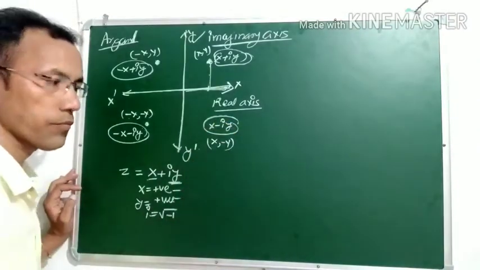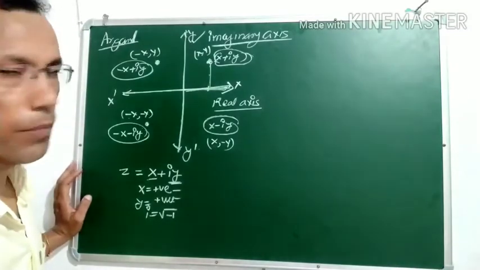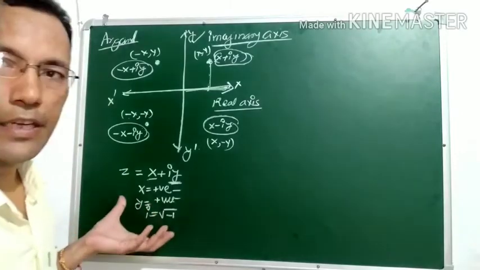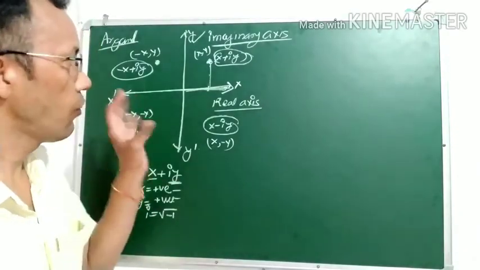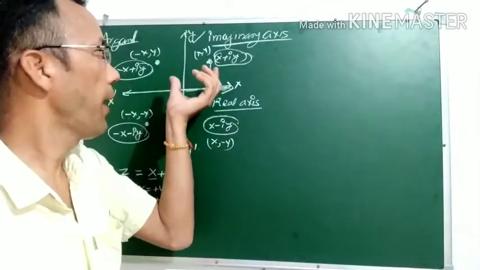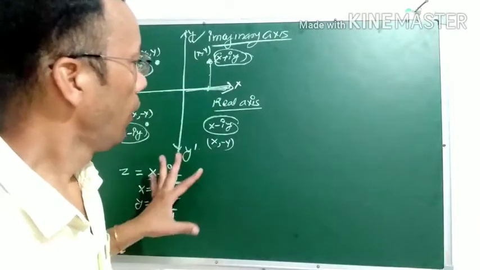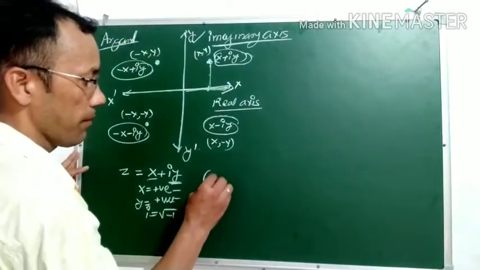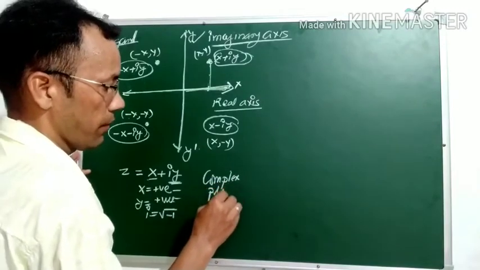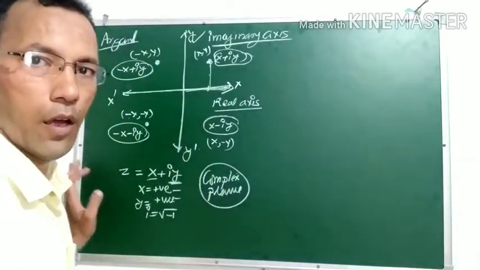These are the points. So this is basically called the complex plane, and we represent it. Any complex number can be represented on this complex plane according to the sign of x and y, right? This is called the complex plane.